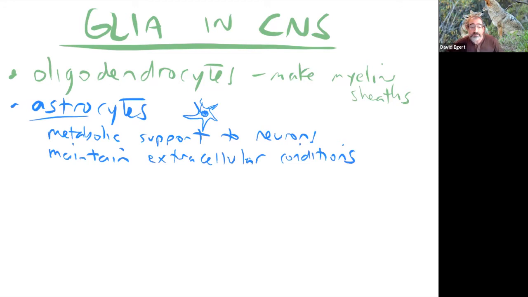If you think about a few things. One, we know concentrations of ions directly affects membrane voltages. So we better make sure that the ion concentrations out there are maintained at the appropriate levels. We also saw that one of the ways that you clear a synapse is to diffuse out of the synapse, right? Where do you go then?